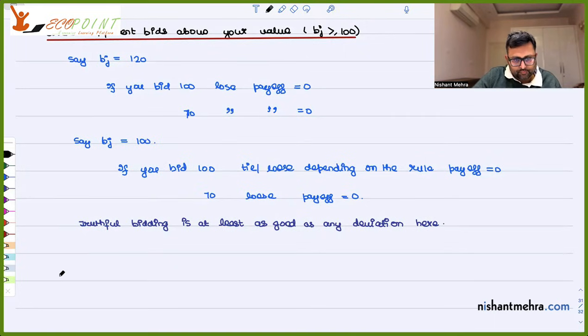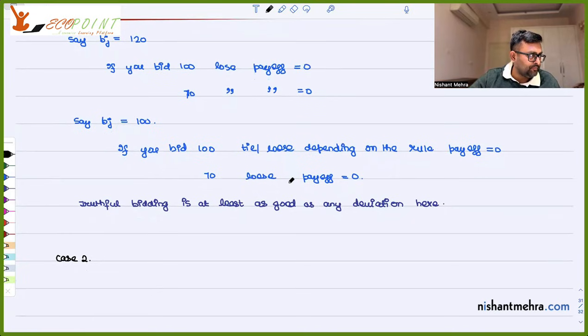Case 2. The opponent is bidding somewhere between your shaded bid and your true valuation of 100. So anything between 70 to 100. What happens then?